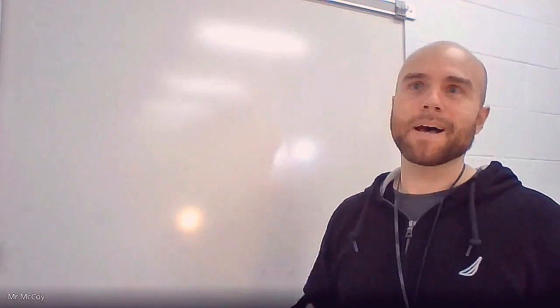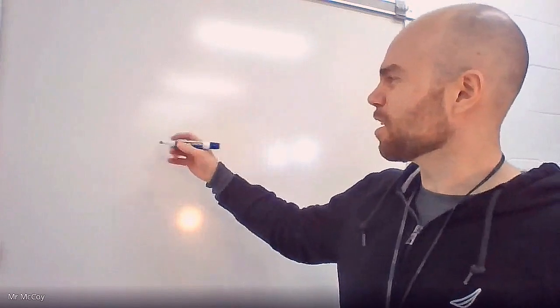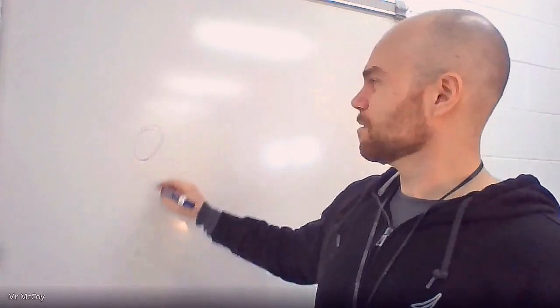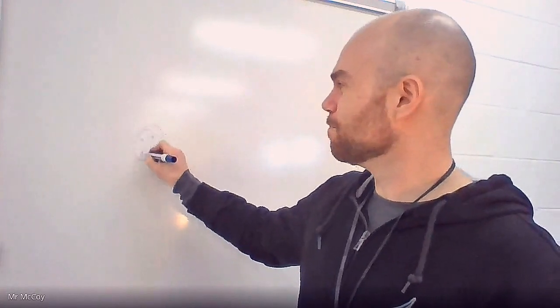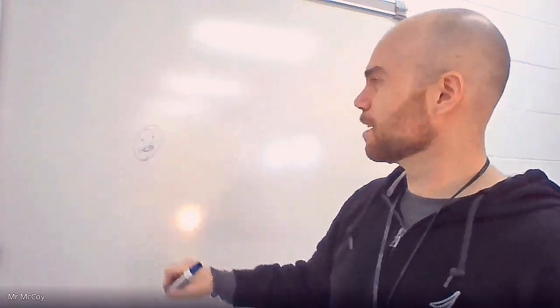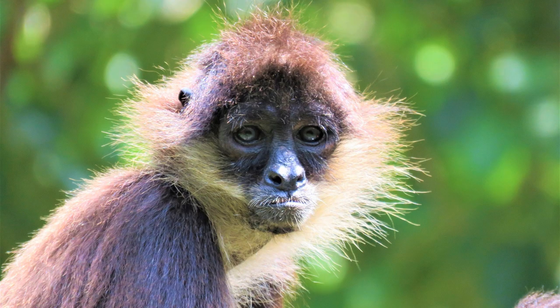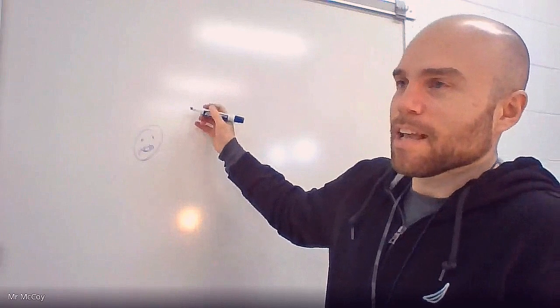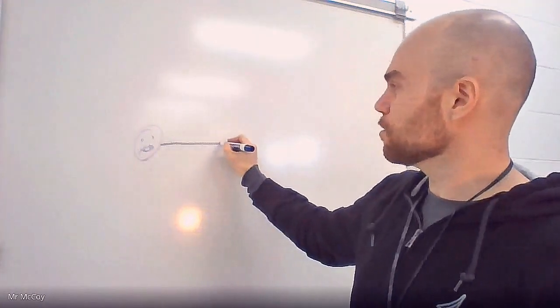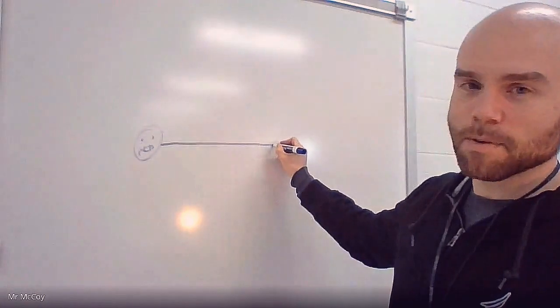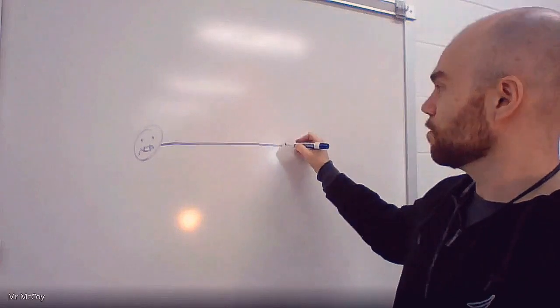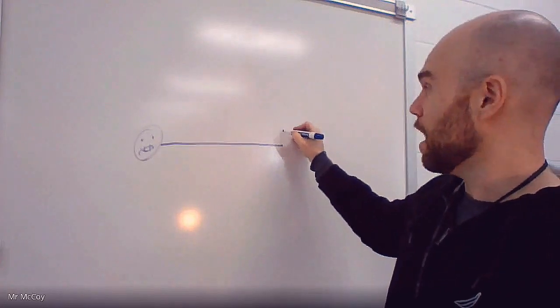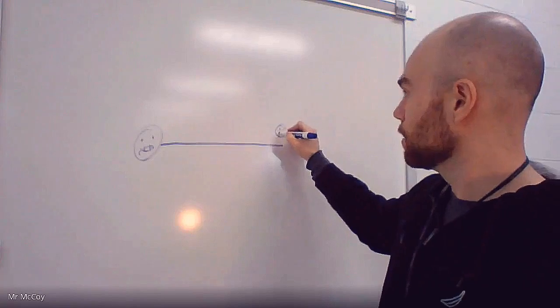Typically, when we think about reproduction, you start off with some sort of organism, an animal, a spider monkey, and it lives its life, it's growing, it's living its monkey life, and then it may have a baby spider monkey.